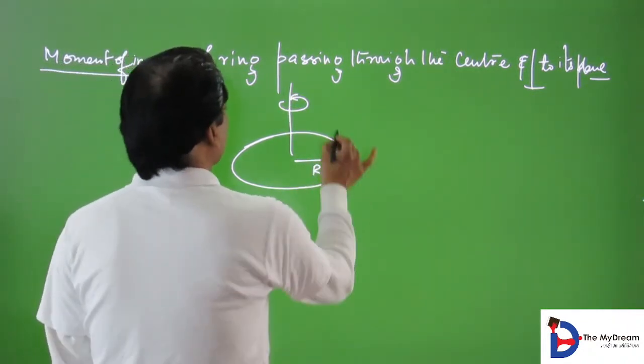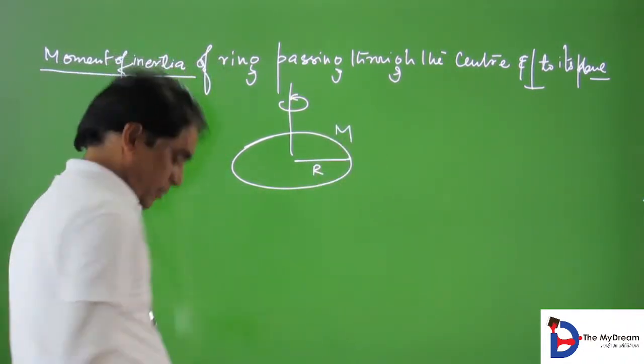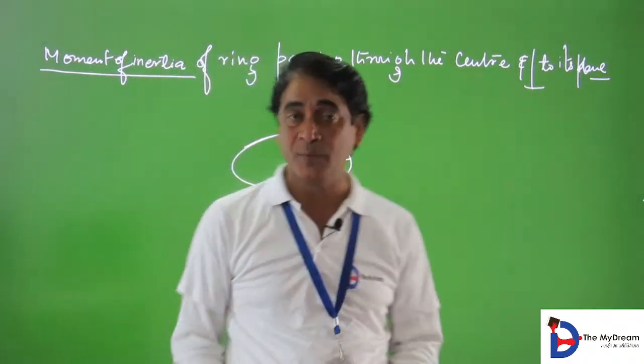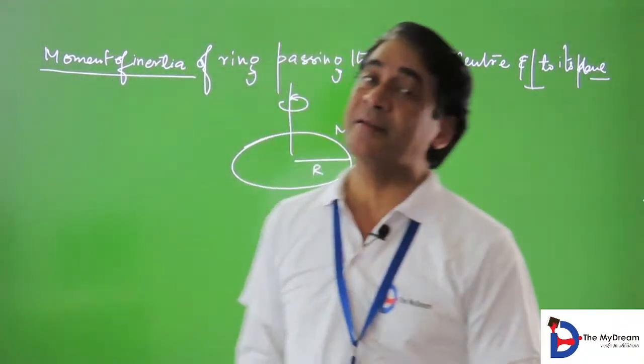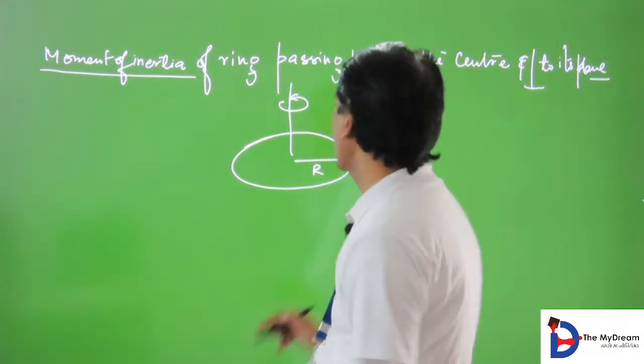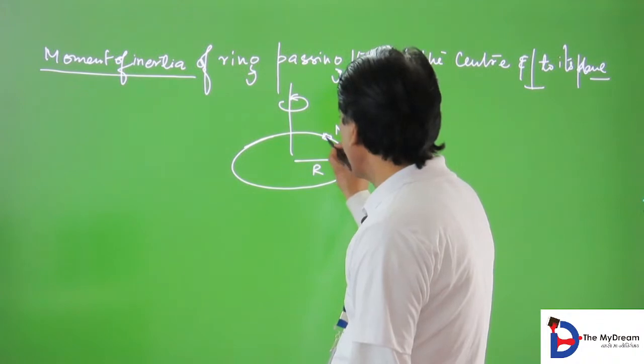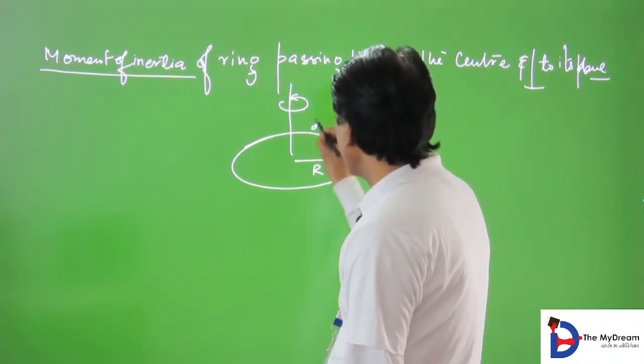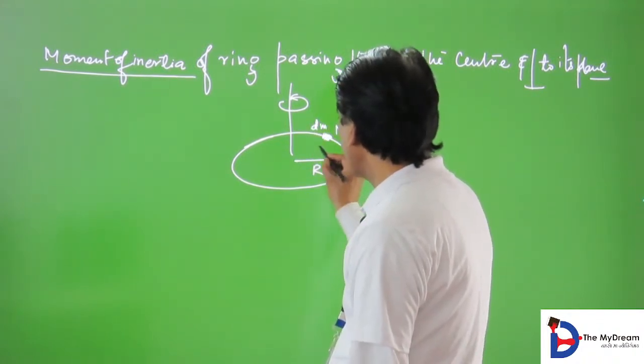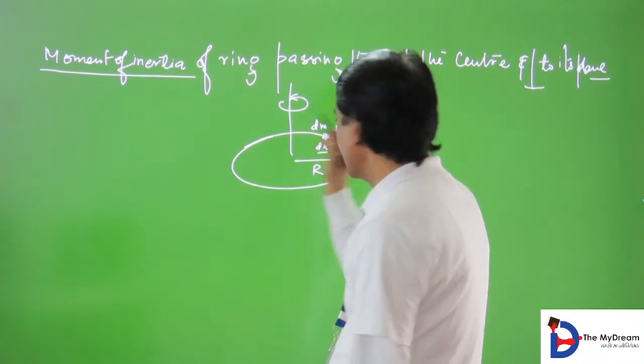Here there is a ring whose mass is capital M and the radius is capital R. We are assuming a small element whose mass is delta M and the length is delta x.